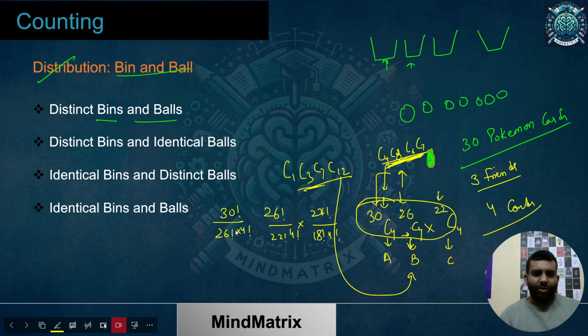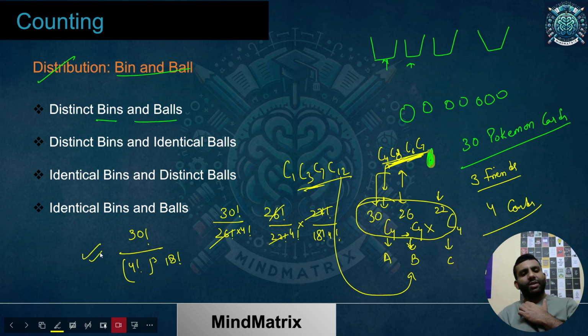If you look at this carefully, you'll see some cancellation, and overall it will be 30 factorial upon 4 factorial cube and then 18 factorial. Okay, I hope it is clear.